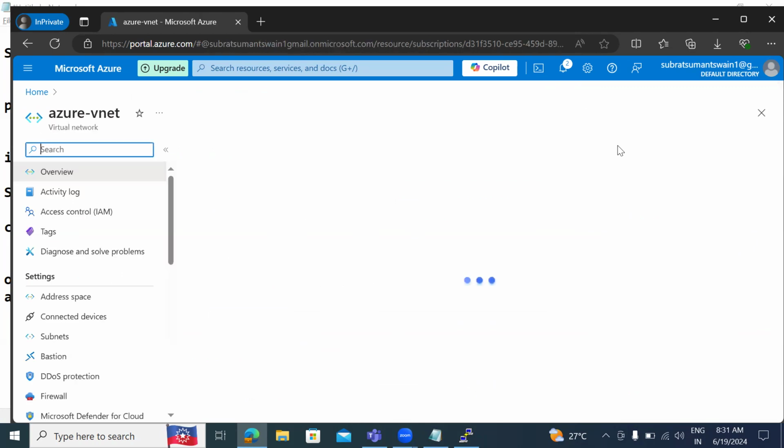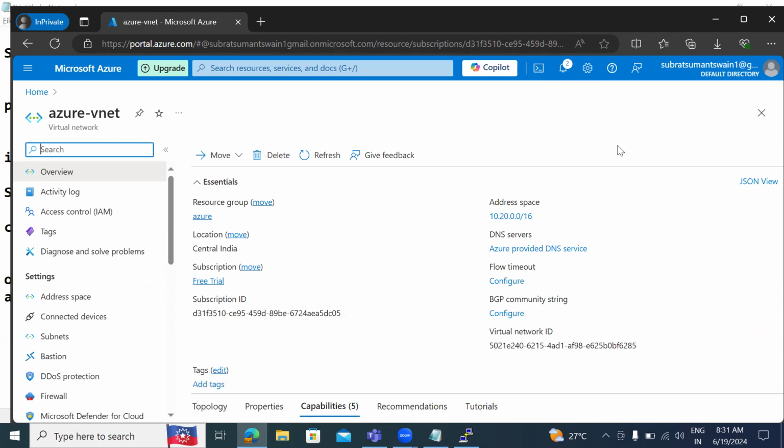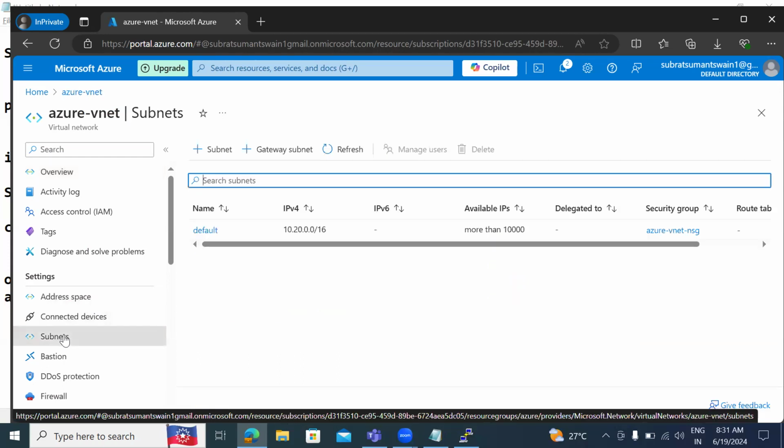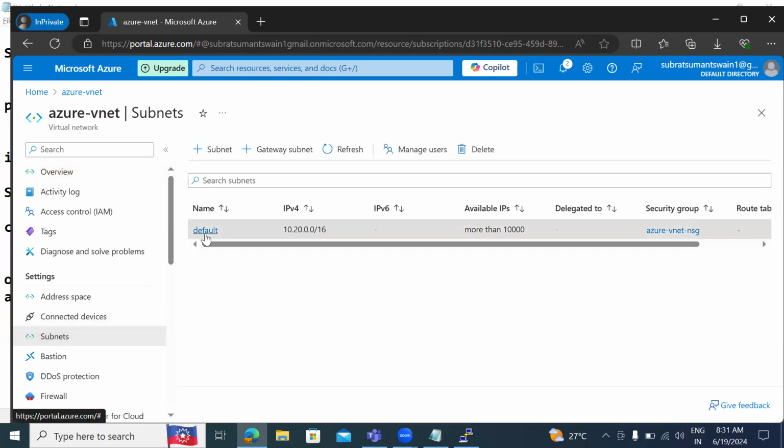So now here it's created one VNet and subnet. If you go to this subnet, this is the default subnet we got.